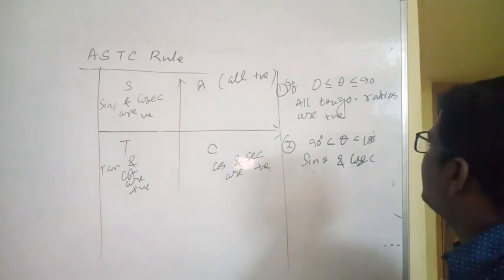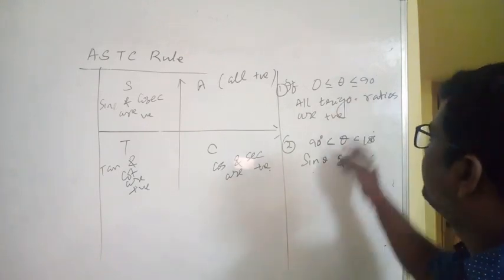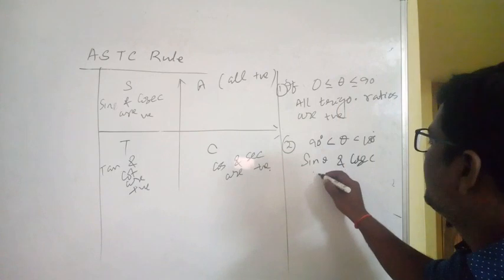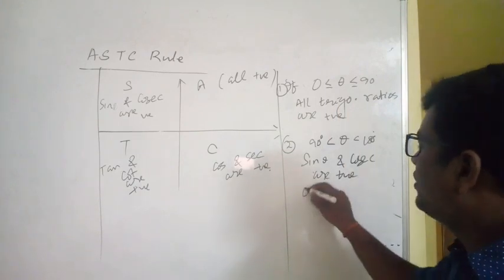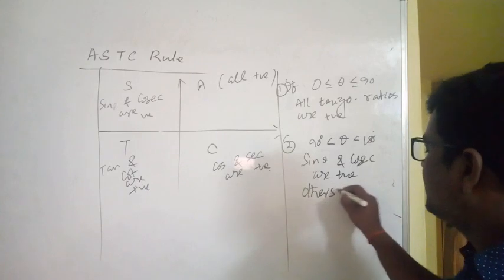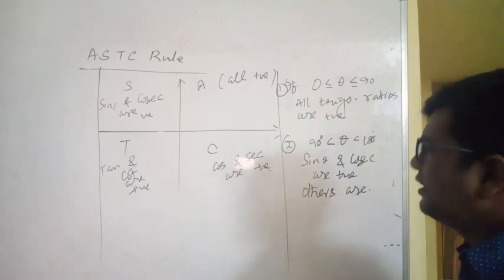Sine and cosec are positive, and others are negative. Like this.